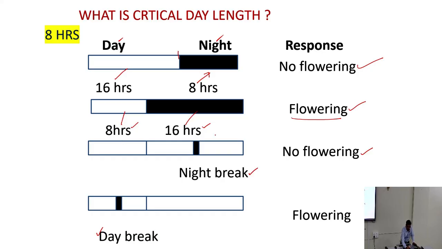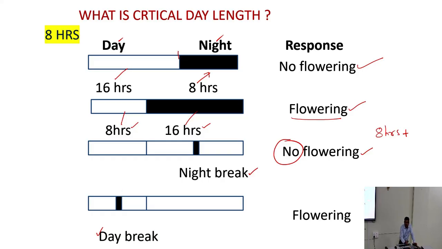But here you have given a night break. That means you have given a flash of light there. So it is not 8 hours, it is 8 hours plus something. The moment it moves to 8 hours plus, we see that there is no flowering. But again, if 8 hours is there and you have given a day break, it doesn't matter.